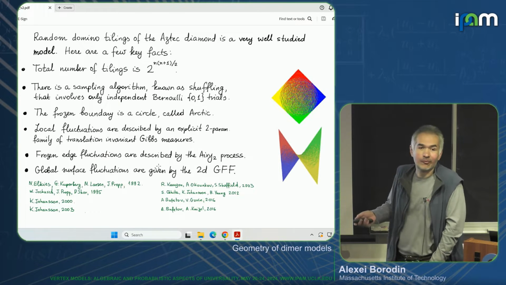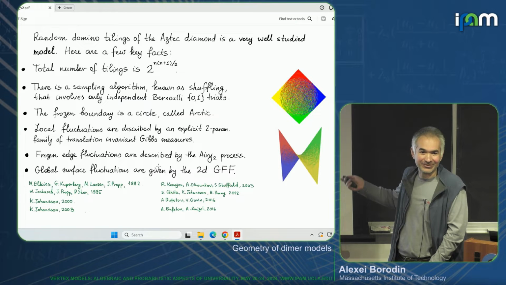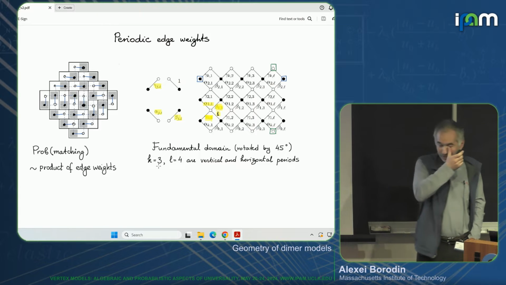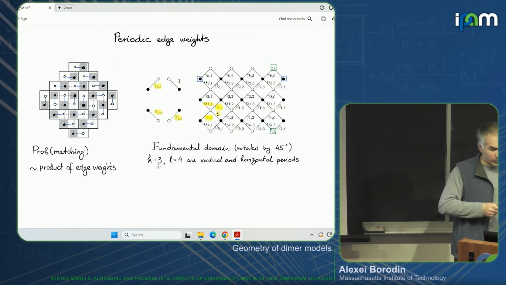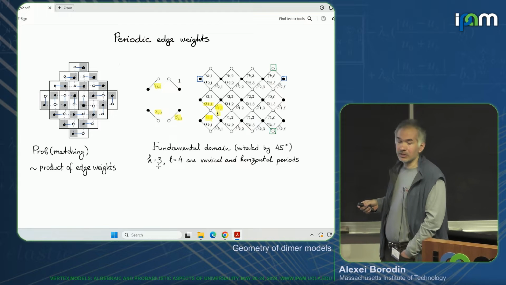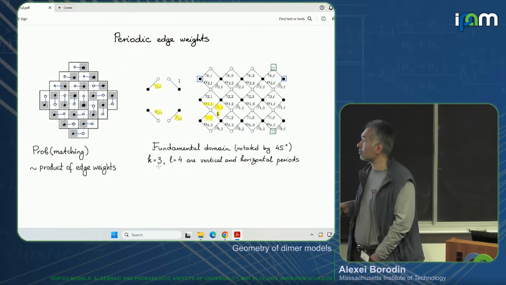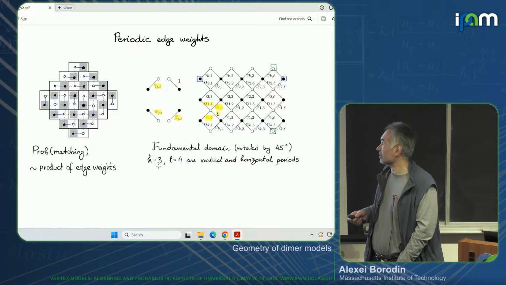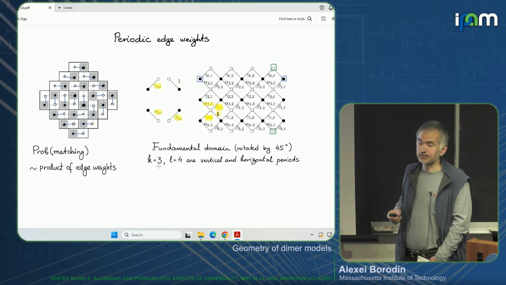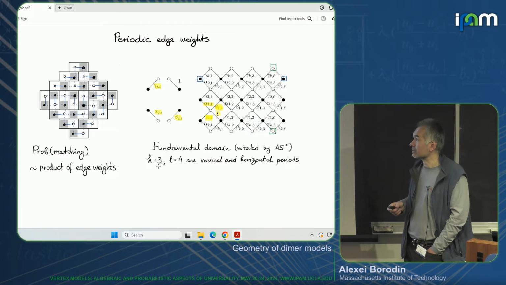Okay, now, why am I talking about dimer models if everything is known? What I'm going to talk about is the case of the non-uniform measure. So what does it mean? I will assign a non-trivial weight, or bias, to every dimer cover of the Aztec diamond.